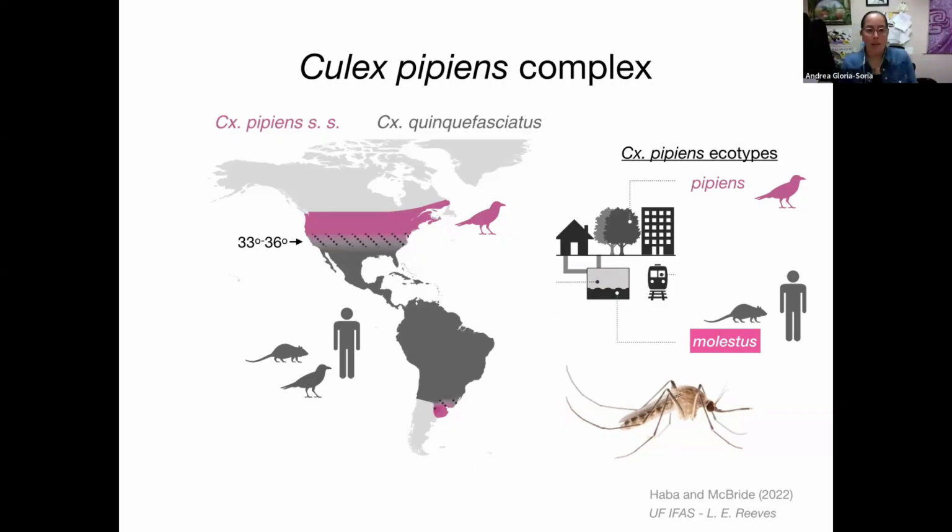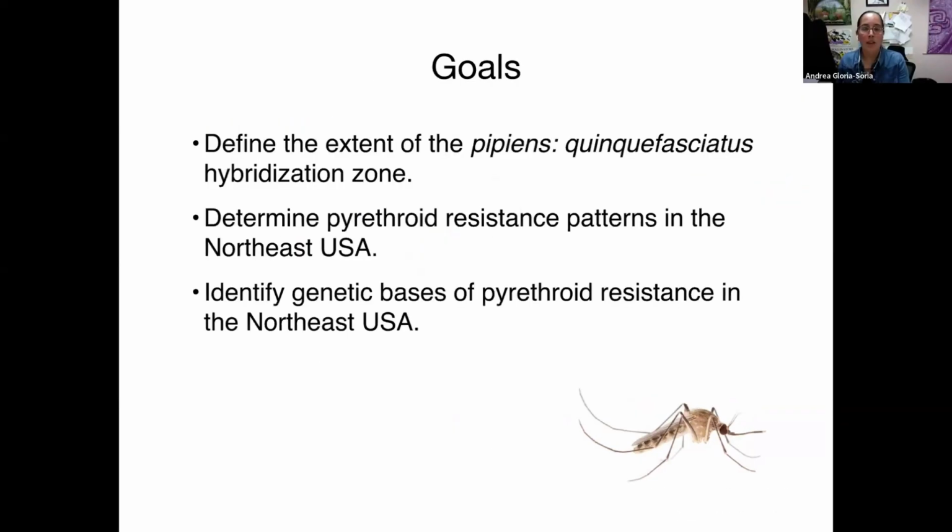So a lot of things going on with this mosquito in the United States, and the goals of our project are to define the extent of the pipiens and quinquefasciatus hybrid zone more clearly, because we now have reports that this zone of 33 and 36 degrees doesn't seem to be the real limit for the hybrids. So we want to do a better characterization of that hybrid zone.